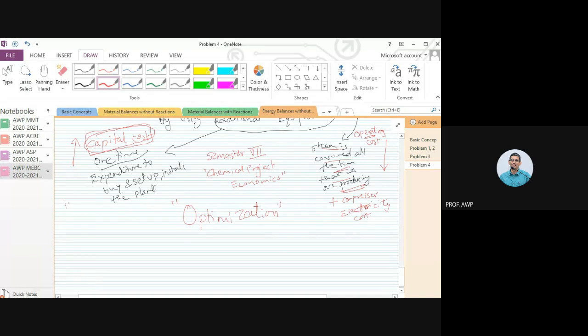So interest becomes an every-year cost based on this capital. If I borrow 100 rupees from the bank, I will have to pay maybe 8 rupees of interest per year.